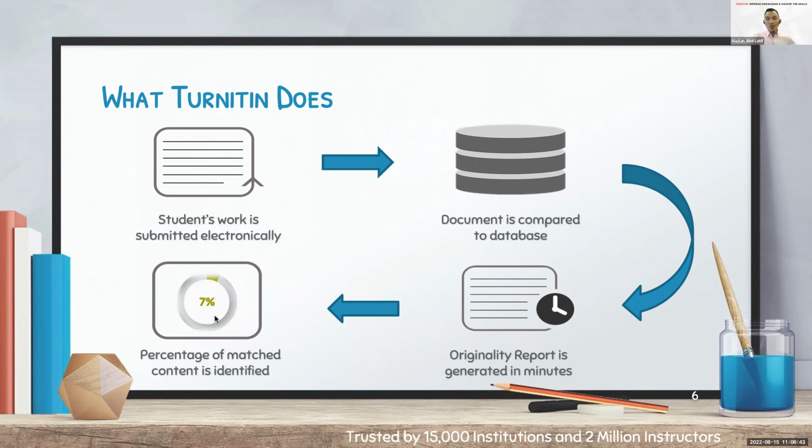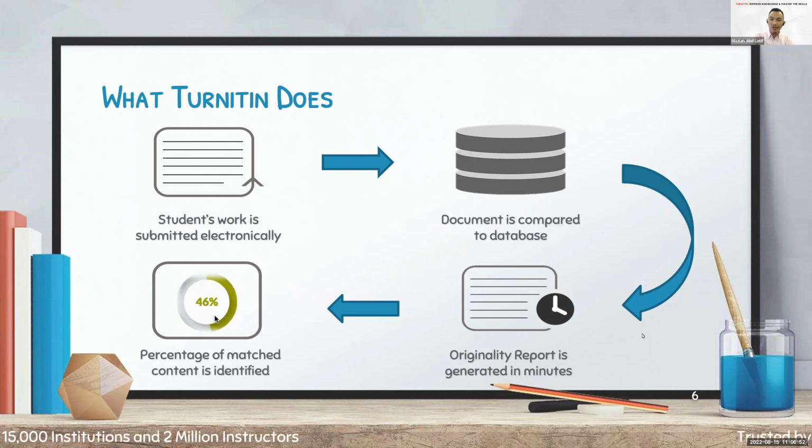When the paper is submitted to Turnitin, it will be matched against 3 types of databases, and then Turnitin will check and produce what we call the originality report. From the originality report, instructors and students can see the similarity index, the percentage of the matching. And this is a brief idea of how it works.